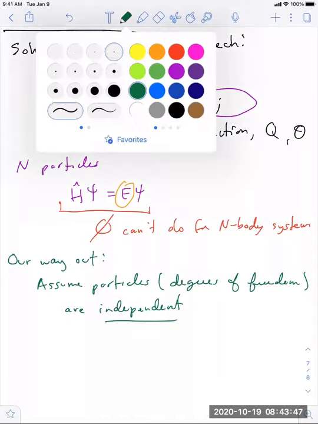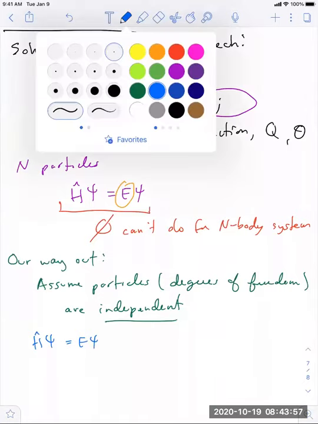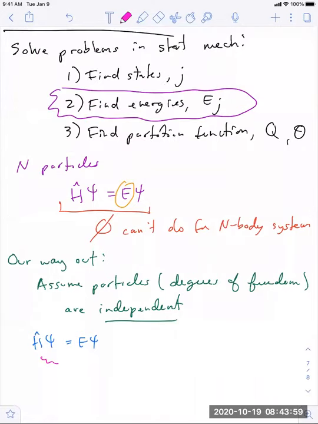So now I can rewrite what was initially just one Hamiltonian that contained all the degrees of freedom in my system. I can now break up this Hamiltonian. For instance, if I had a single gas molecule, it doesn't have to be breaking up the Hamiltonian in terms of particles, but it can be in terms of different contributions to the energy. So I might say the overall Hamiltonian is a Hamiltonian for translations, plus one for rotations, plus one for vibrations, and so forth.